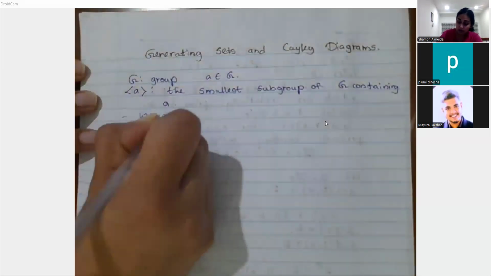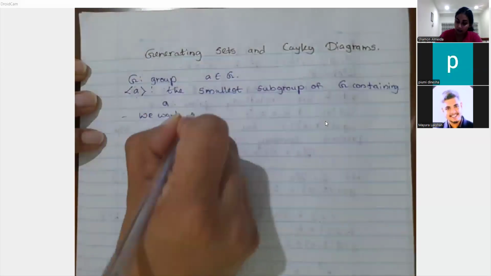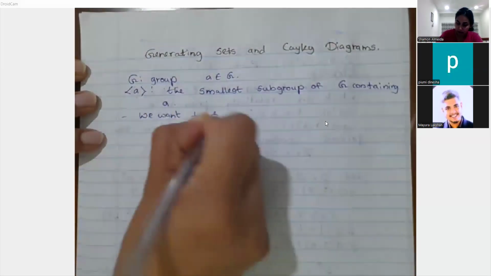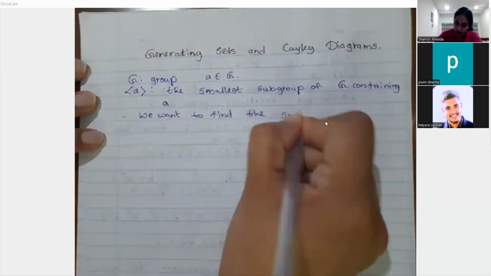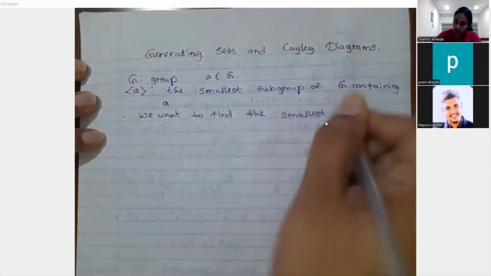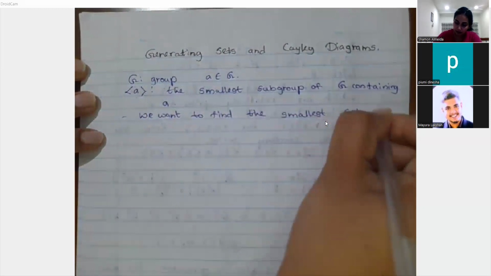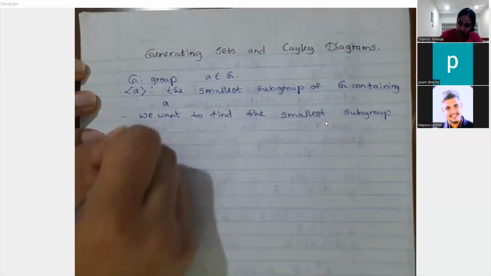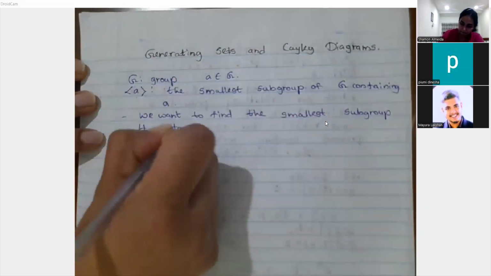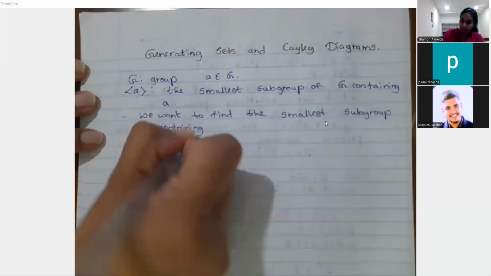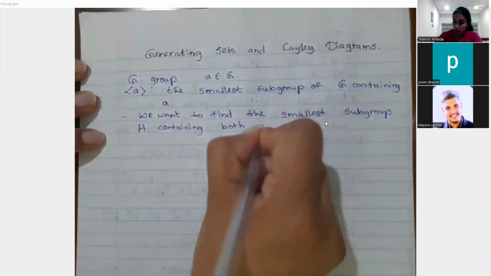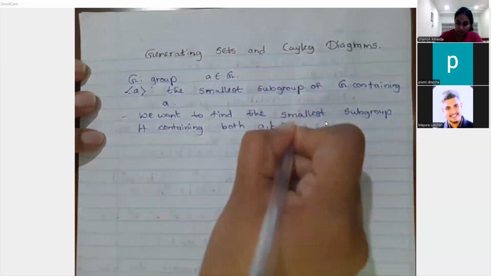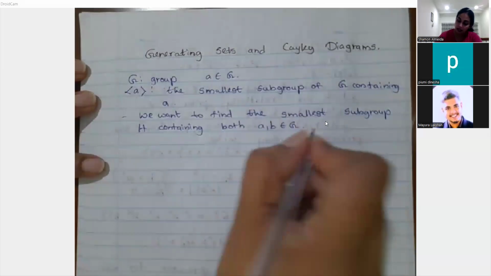We want to find the smallest subgroup H containing, let's say, two elements A and B, both in G, right?